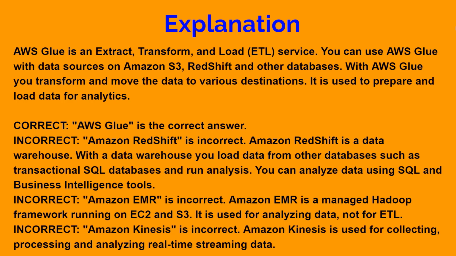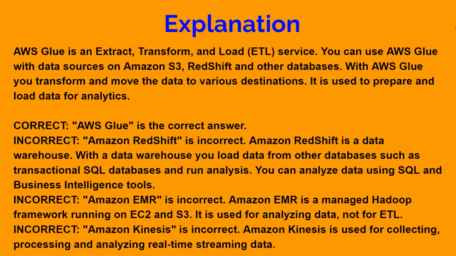Correct. AWS Glue is the correct answer. Incorrect. Amazon Redshift is incorrect. Amazon Redshift is a data warehouse. With a data warehouse you load data from other databases such as transactional SQL databases and run analysis. You can analyze data using SQL and business intelligence tools.